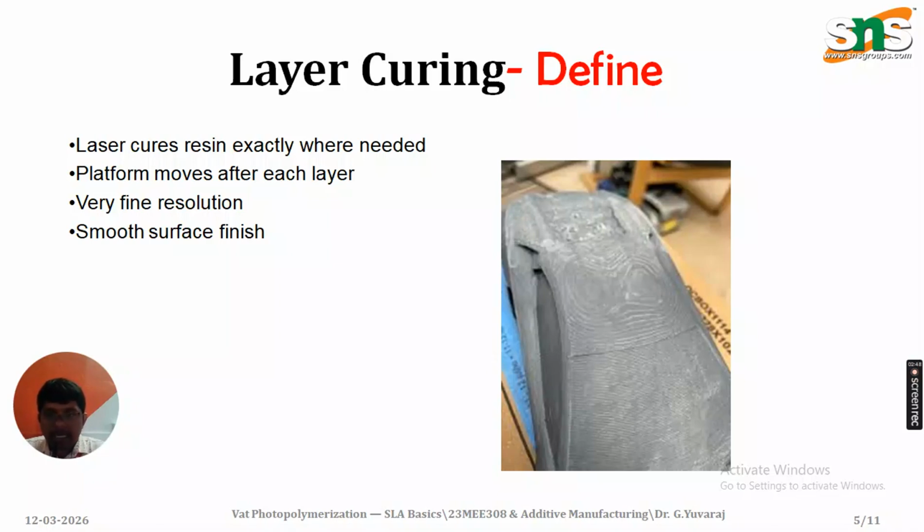The laser exactly cures the layer, and the platform moves after each layer for very fine resolution. The smooth surface finish is obtained only by involving the laser. This is how we make the structure by layer curing, and only with the help of a defined structure can we make it.